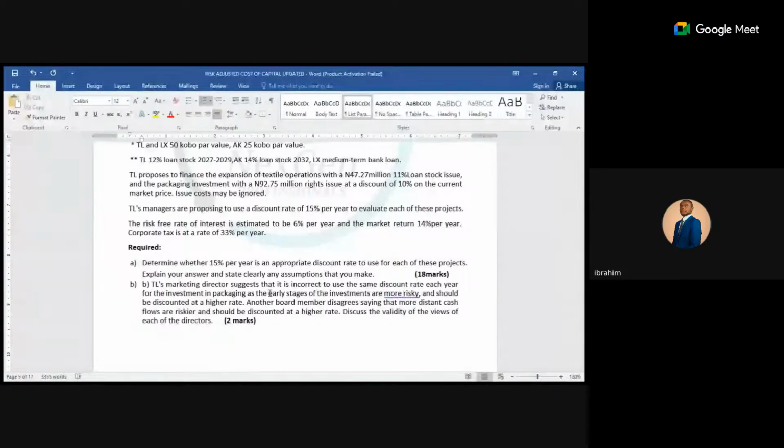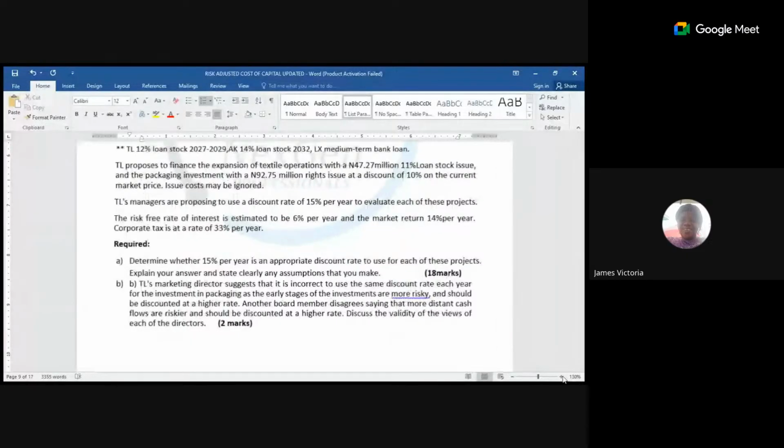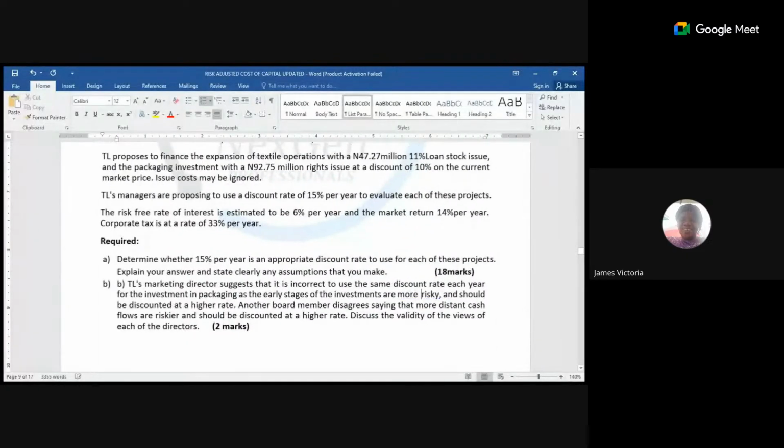Yes, please. Okay. TL's marketing director suggests that it is incorrect to use the same discount rates each year for the investment in packaging, as the early stages of the investment are more risky and should be discounted at a higher rate.